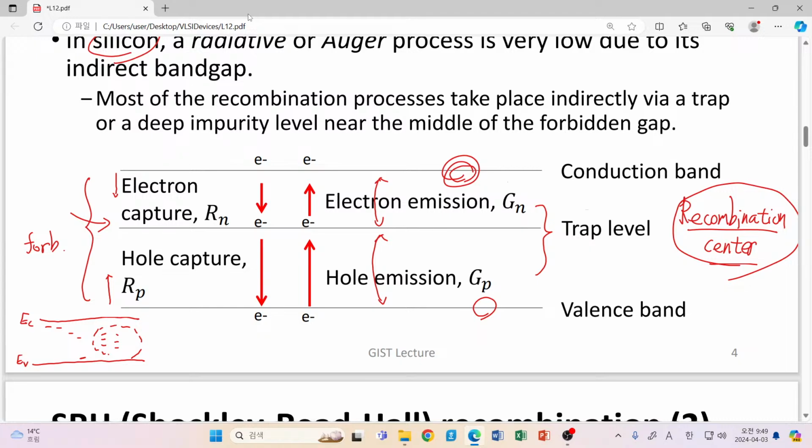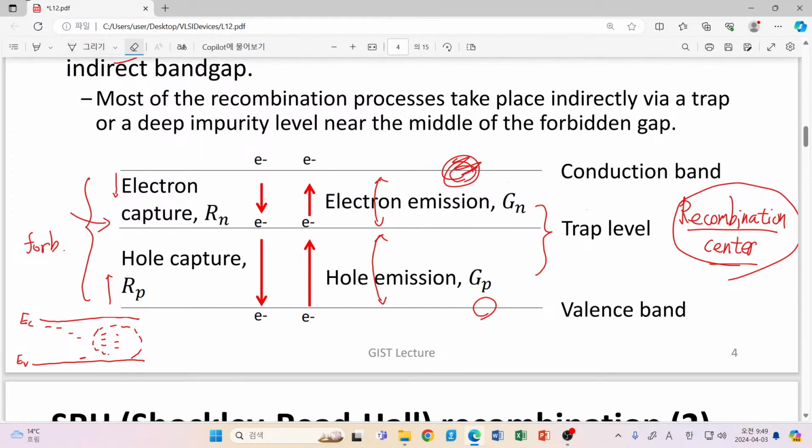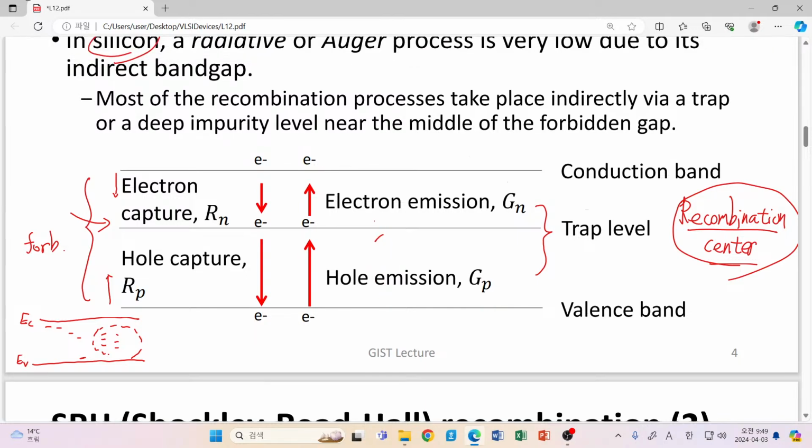Although you make a certain device, it behaves quite badly. Why? Because your sample contains a lot of deep level impurities. So you want to minimize the use of those impurities.